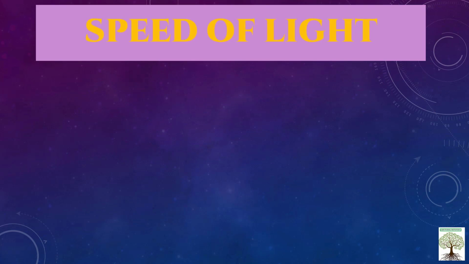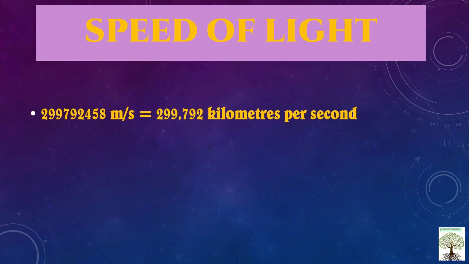Speed of light. What is the speed of light? This is the next property of light. The speed of light is 3 multiplied by 10⁸ meters per second, that means 2,99,792 kilometers per second. Can you imagine the speed of light?